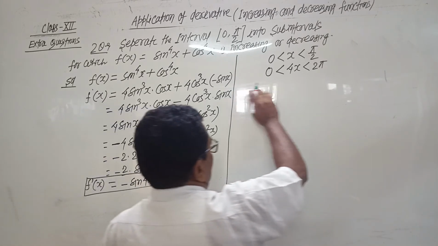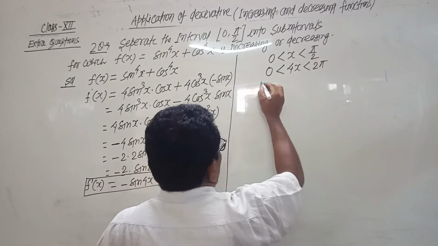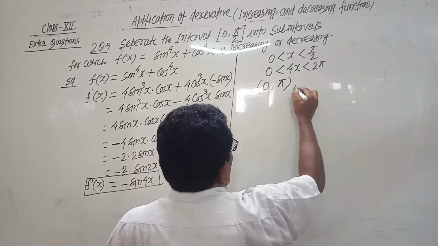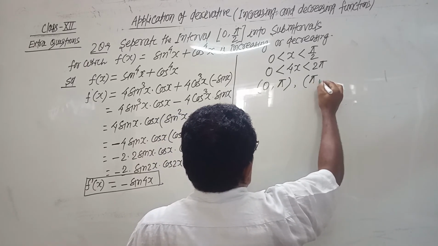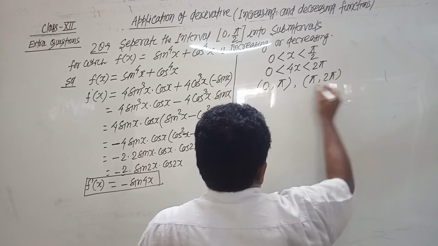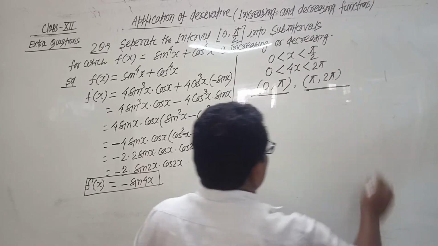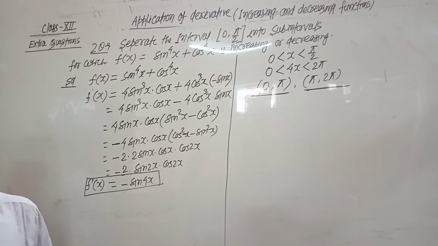So we divide the whole interval from 0 to 2 pi into two segments, from 0 to pi and from pi to 2 pi. 0 to pi means first and second quadrant, pi to 2 pi means third and fourth quadrant.